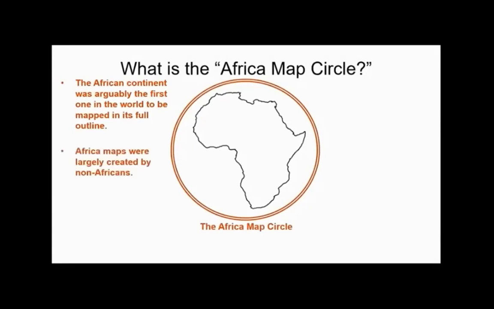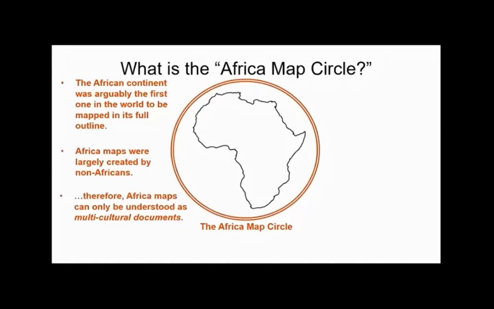But Africa maps were made largely and created by non-Africans. Now, this is an interesting anomaly. The first continent, you could call it that, to be fully encircled and mapped, but mapped by those who weren't from the continent by and large.